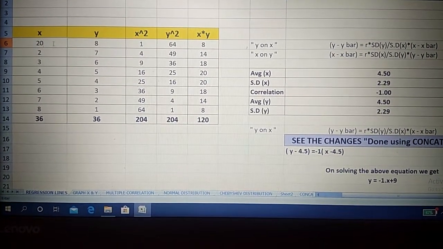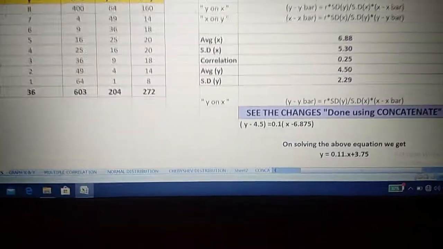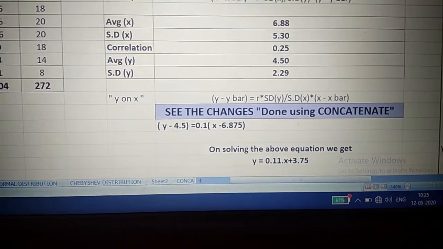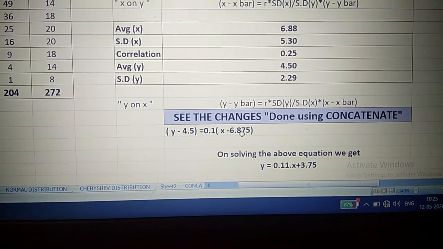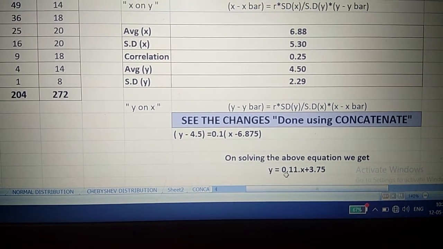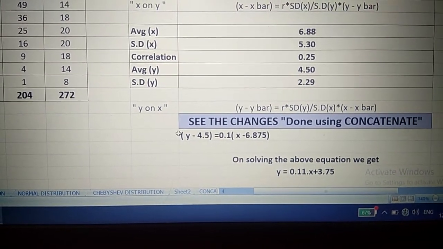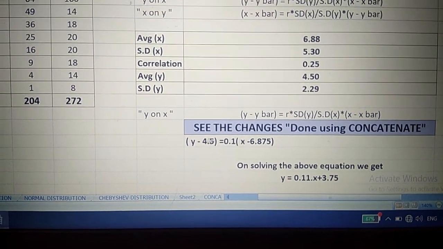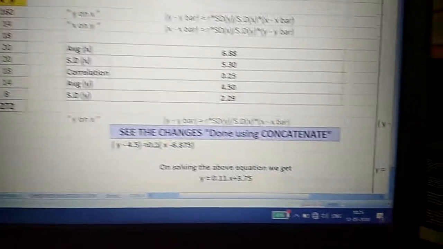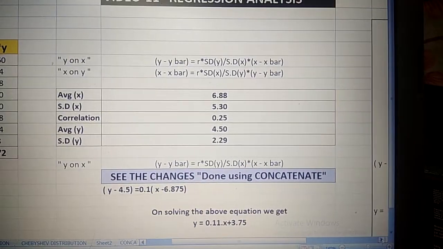Let's see. 20, enter, and see what has come. Previously this value was something else, and now it is x minus 6.875, and this is also changed. The important point to notice is that this row has been changed. How is it possible to change this? With the help of this concatenate formula.